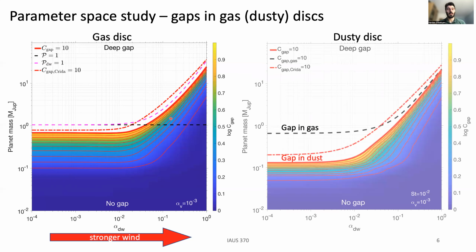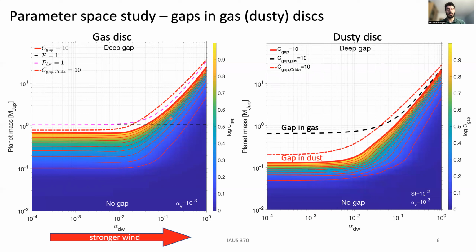What we did next is we checked the gap opening masses for the dusty disk, and as you can see here, the mass needed to open a gap in the dust disk is about a factor of 5 lower than for the gas disk when disk winds are weak, and these values are converging for the high disk wind values.